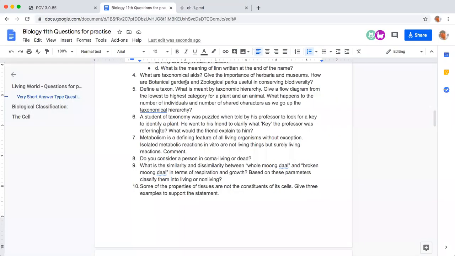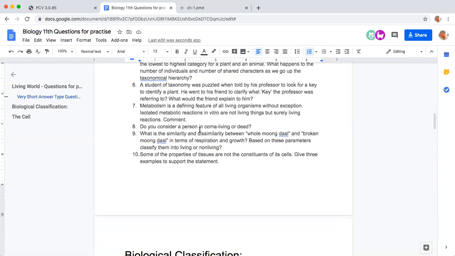It's a theoretical question again. Metabolism is a defining feature for all living organisms without exception. Isolated metabolic reactions in vitro are not living things, but surely living reactions. Comment.